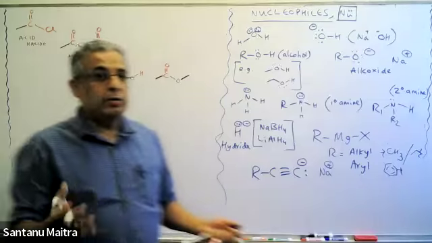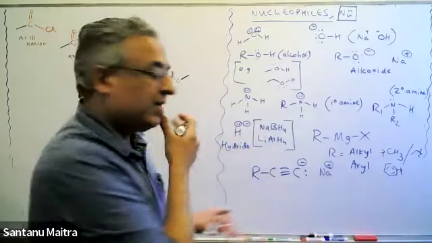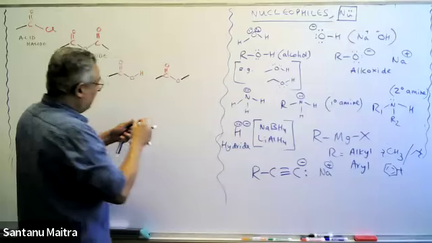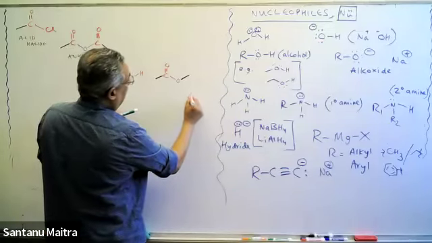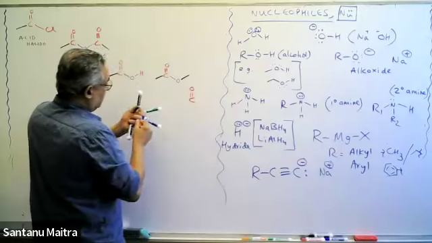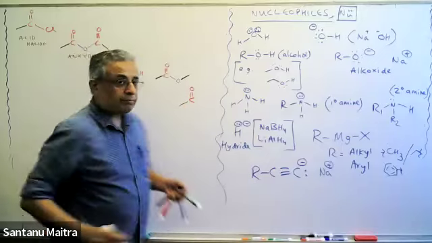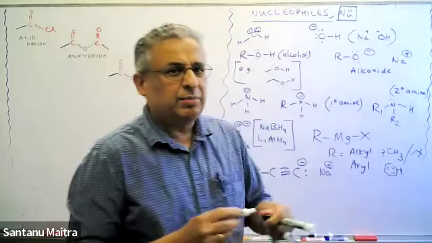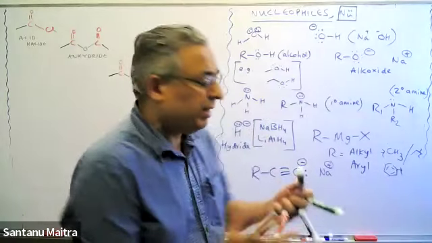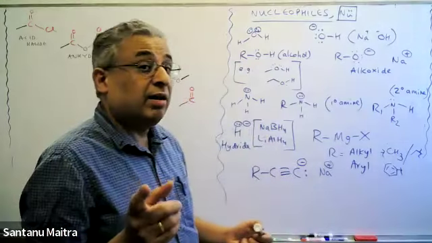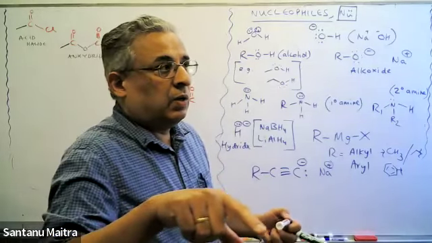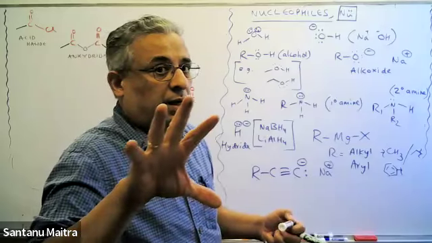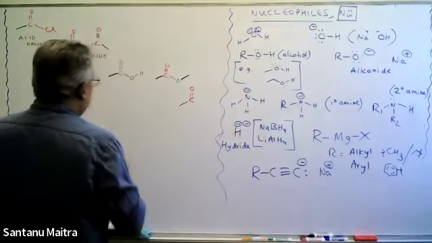This is what I had used as an example yesterday. And at the very end, the most unreactive species happens to be an amide. I'm just going to make it a simple amide, maybe a secondary amide, because that is more relevant to the amino acid situation.